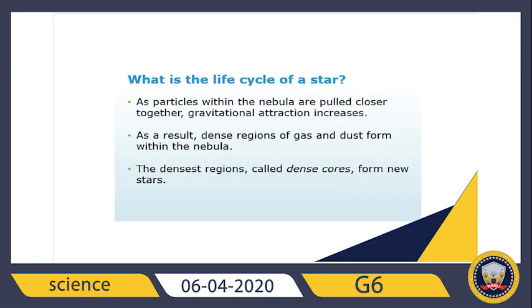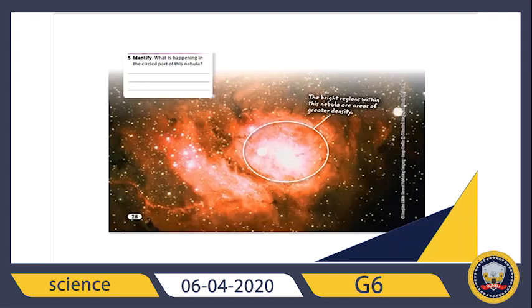This area is called a nebula. Again, as we said, an explosion in one of the stars around this area will cause this loose area to condense and change into a dense core. This dense core will form the beginning of what? Of the star formation.